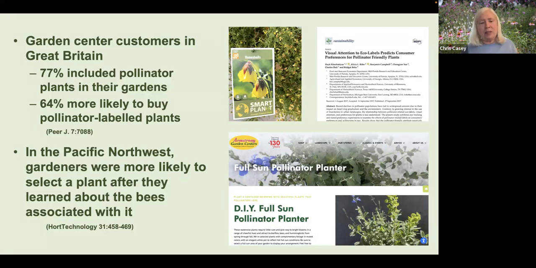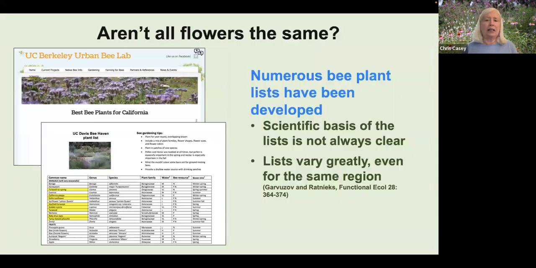And specifically, I think from our view as educators, gardeners in the Pacific Northwest were found to be more likely to select a plant after they learned something about the bees that would use it. So I think this presents some great educational opportunities for us to increase the use of these pollinator plants in gardens.